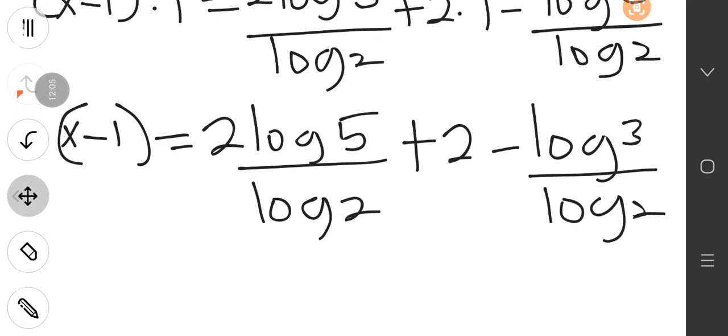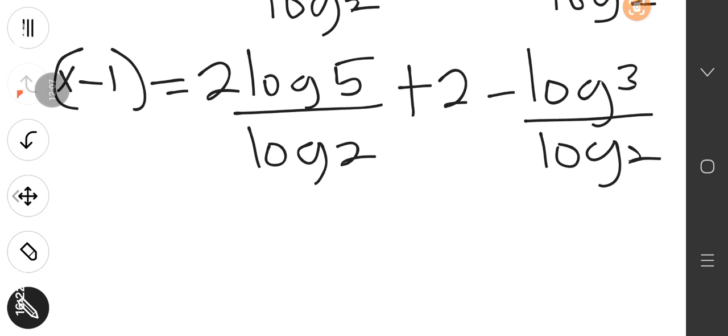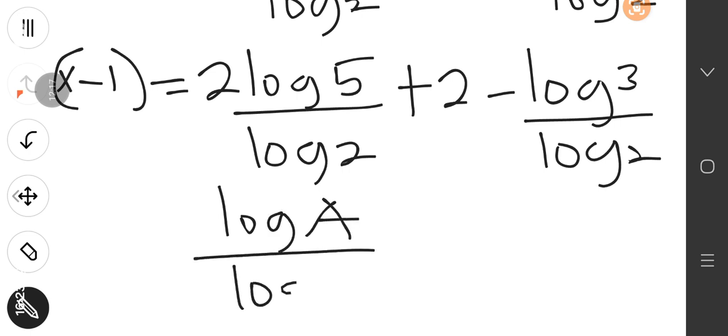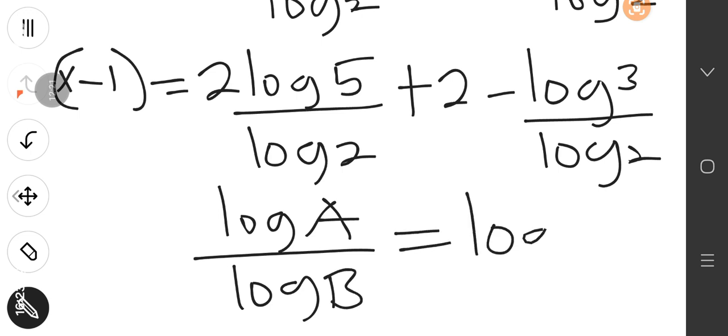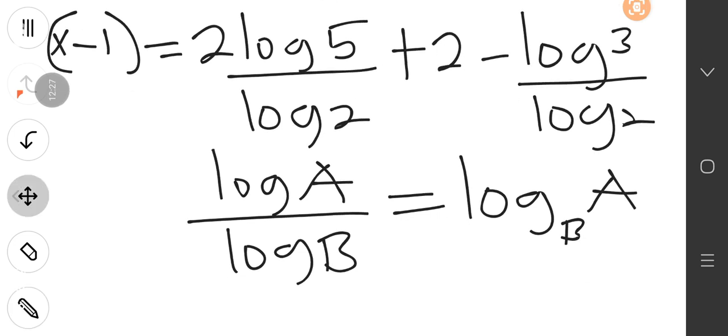Now here we are going to introduce the change of base formula of logarithm. If you're having log a over log b, this can be written as log a with a base of b. Now let's continue.